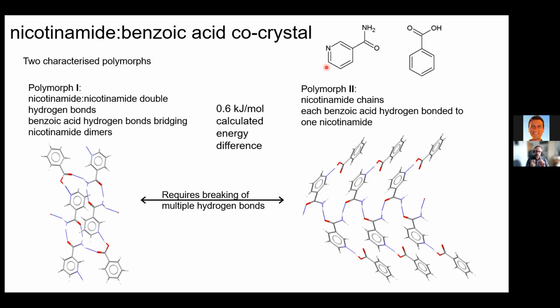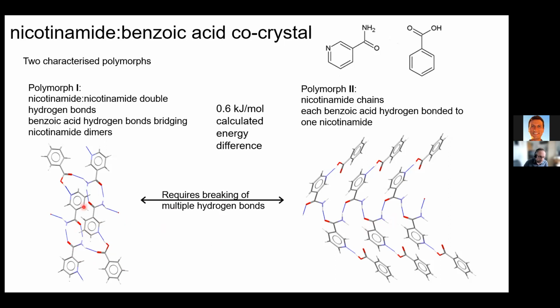The other interesting thing, and the reason I show this one, is to contrast to the indigo case, because here the 2 polymorphs, although they're very close in energy, they're separated by less than a kilojoule per mole in calculated energy. The difference structurally between them is much greater. There's a big change in the hydrogen bonding connection, which is going to be the strongest intermolecular interactions holding these crystals together.